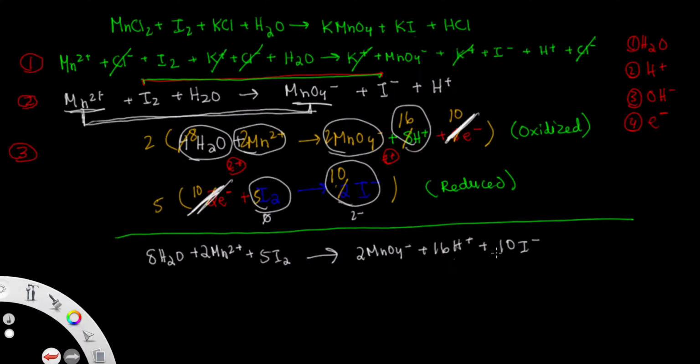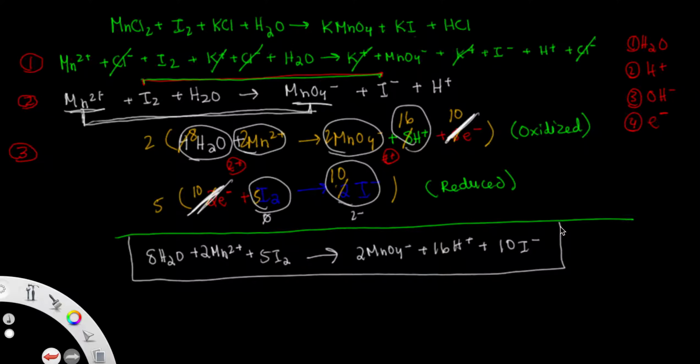Excuse me. Now I'm just going to double check. Do I need to simplify it any more? Are there any common elements or compounds that I can further simplify? No, I don't see anything to simplify further. So this would be my final balanced reaction.